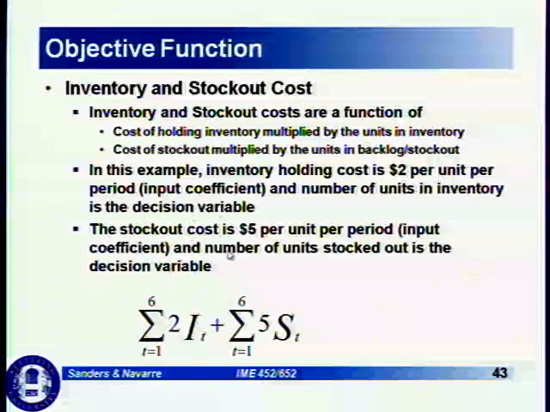Our stockout cost is $5 per unit per period. As you can see, the stockout cost is relatively high compared to the unit cost of holding inventory. So essentially that represents the relative difference in backlogging a product to the customers. That's kind of a definition of the cost of customer dissatisfaction being relatively high compared to the cost of holding inventory.